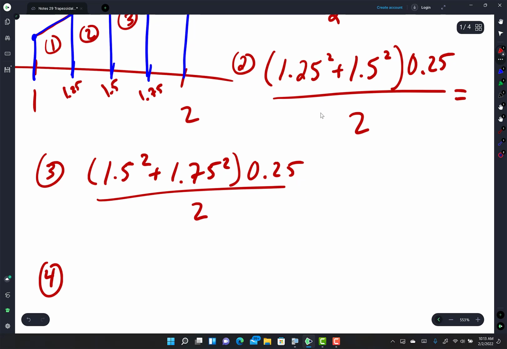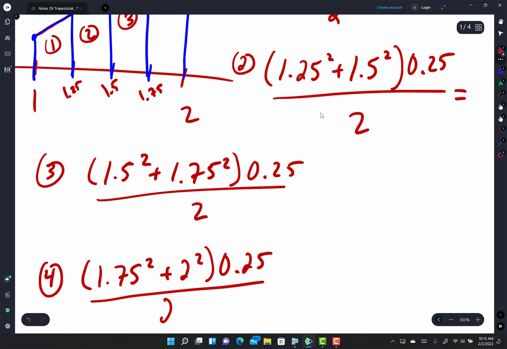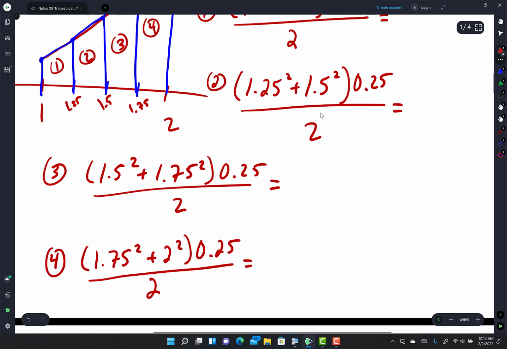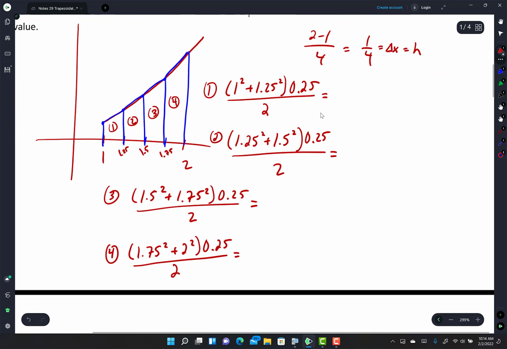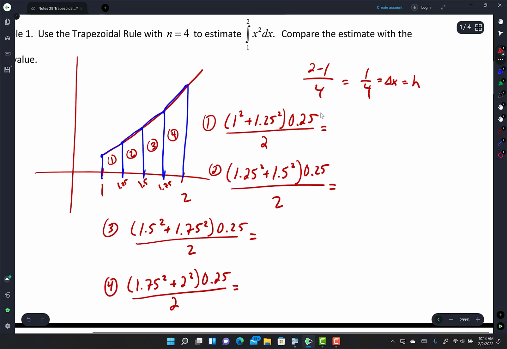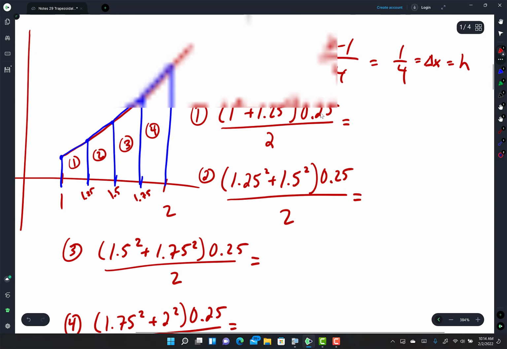And area number 4, finally, 1.75 squared plus 2 squared times 0.25 divided by 2. There are times that the formula is probably easier to use than doing this by hand every single time. But yeah, do that. Does someone have the area number 1 for me?